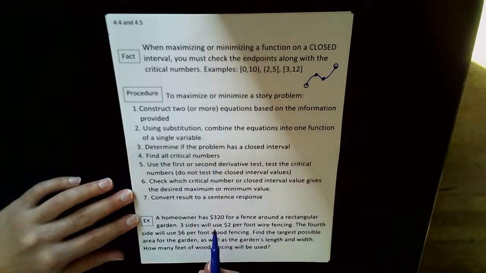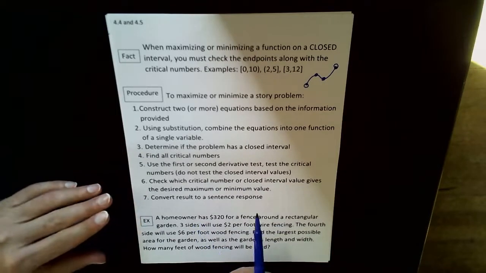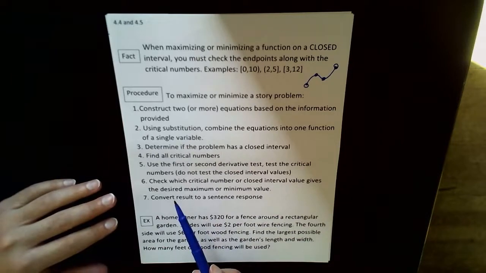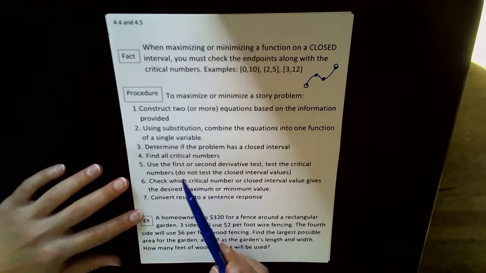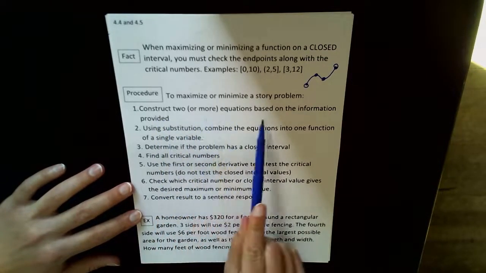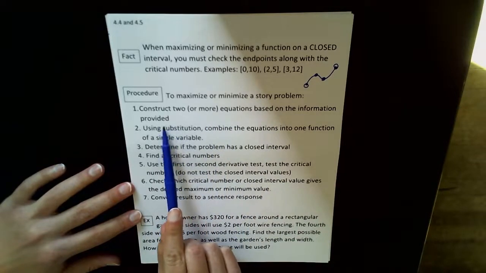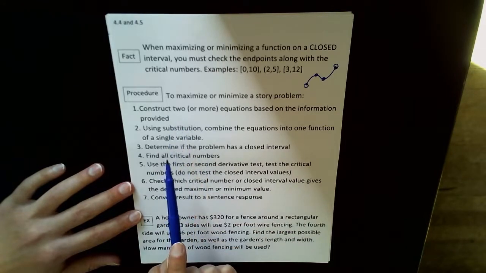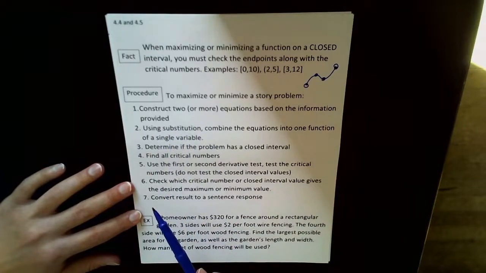Okay, so from there, the procedure to do this. Well, these story problems range from a lot of different ways that the problem could start off, but essentially the way that it will usually work is you need to start by constructing two or more equations based on the information provided. Sometimes this step will not be needed because it will just be given as one equation, but typically you're going to need to construct a couple of equations.